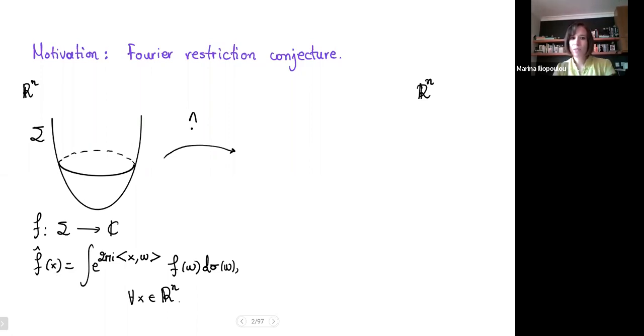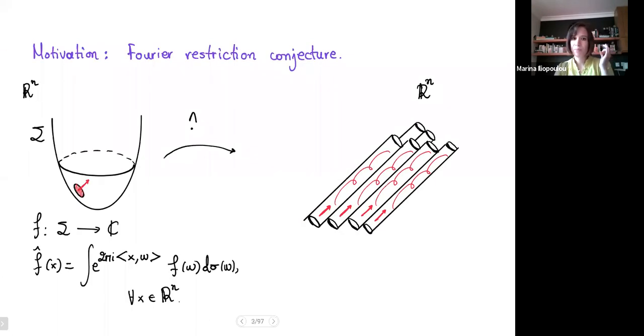So what happens is that if we just look at a little cap on this surface, and we look at our function only on that cap, then if we take the Fourier transform of that, it will evolve as waves inside parallel tubes, fat parallel tubes disjoint to each other. And the direction of these tubes will be the normal to the cap.